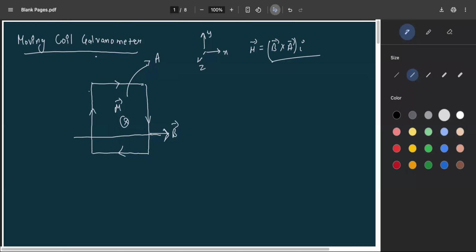What this actually does is it detects your current. How it detects, we will see. Actually, I should have made it a little bit lower, sorry.